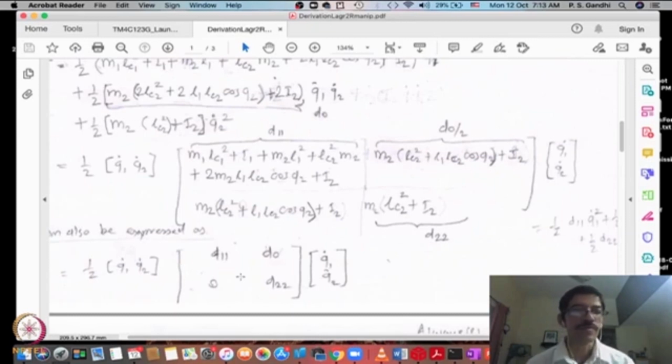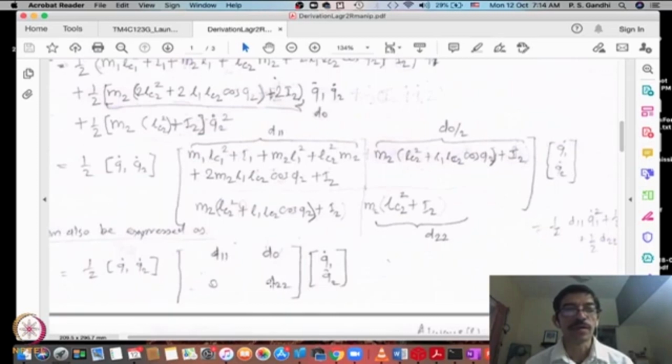Because this is a quadratic form, if its value, which is a scalar, is greater than 0, then the matrix is positive definite. The kinetic energy of any system will always be positive, so from this simple physical analogy, one can see that this matrix is going to be positive definite. So one of the properties of the D matrix is that it is positive definite.